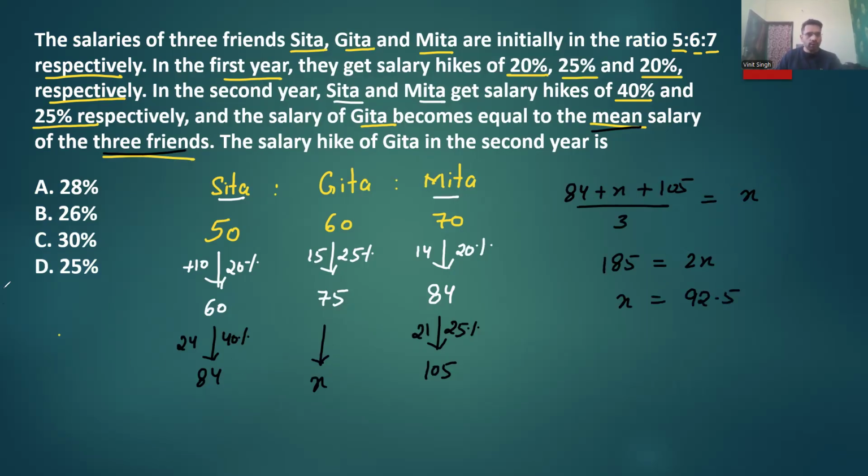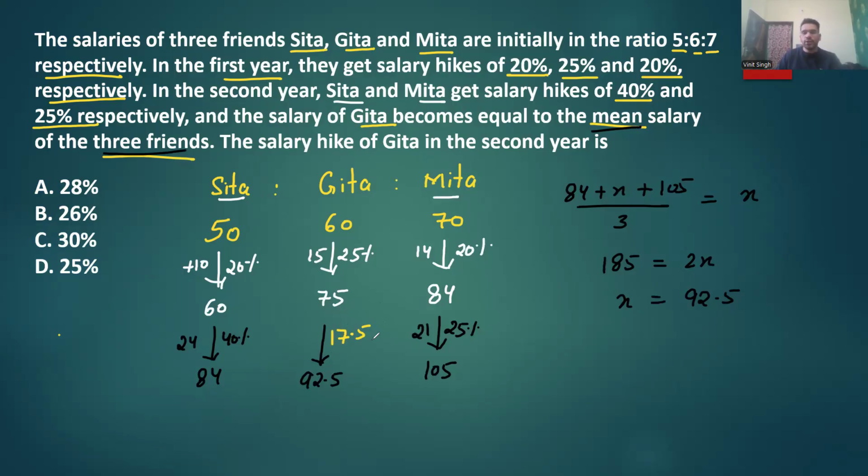So the value of X is 92.5. Now how much has it increased? 92.5 minus 75 is equal to 17.5.